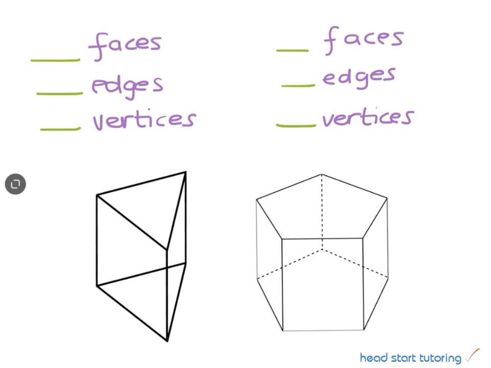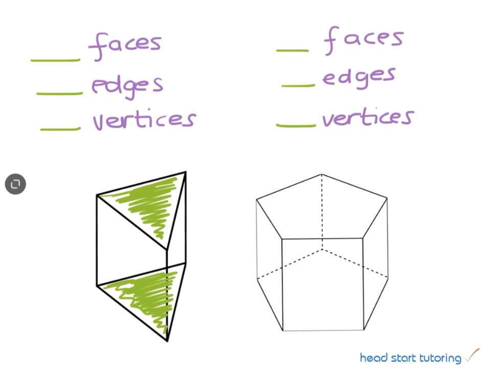So let's have a look here at this triangular prism. Our bases would be these two triangles over here. Because those two triangles are parallel and congruent to each other, and if you were to cut your triangular prism anywhere in between those two bases, you will get a cross section that is exactly the same as those two bases.